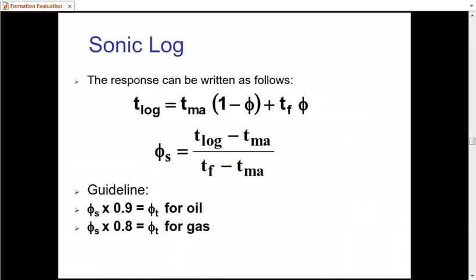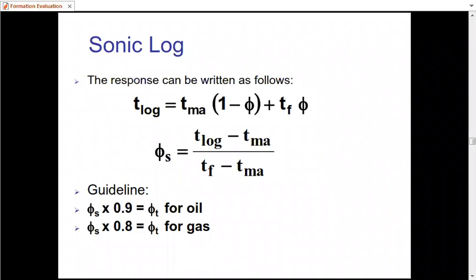So the sonic log response can be written as follows: the time from the log depends on the matrix time and the fluid time, and we calculate the porosity from the sonic log using this equation, which uses the log time, the matrix time, and the fluid time. This is similar to the concept of porosity from the density log.